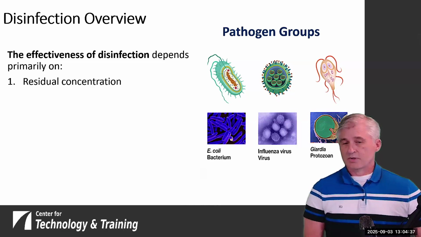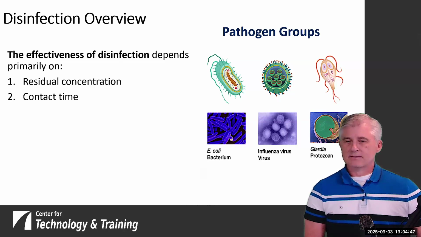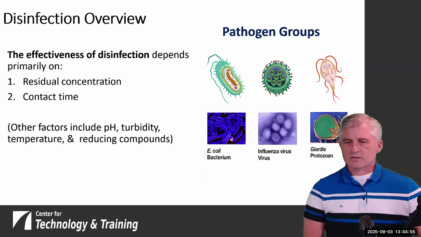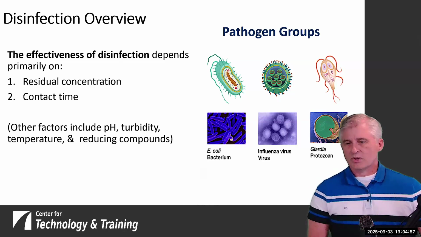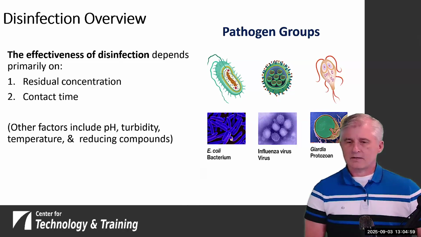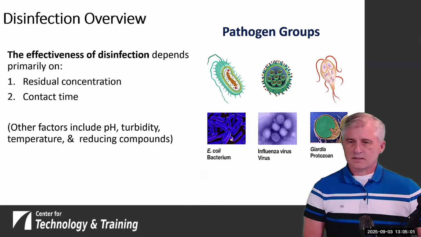That's the residual concentration, or the amount of chlorine that we have, and also how long that chlorine is in contact with the water. It needs time to affect those different pathogens. There are other factors that we'll see come into play, but they're not nearly as important as the residual concentration or the contact time.